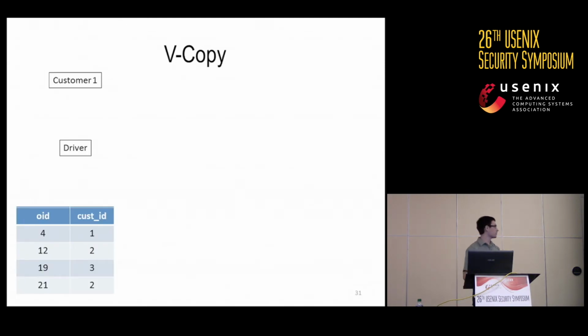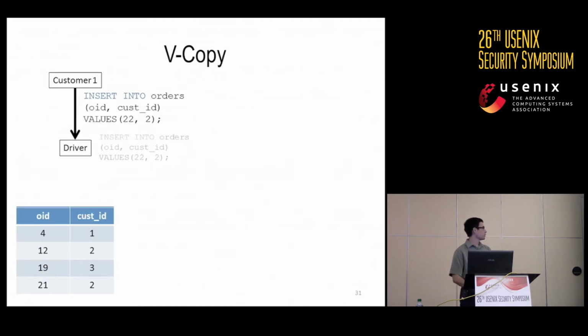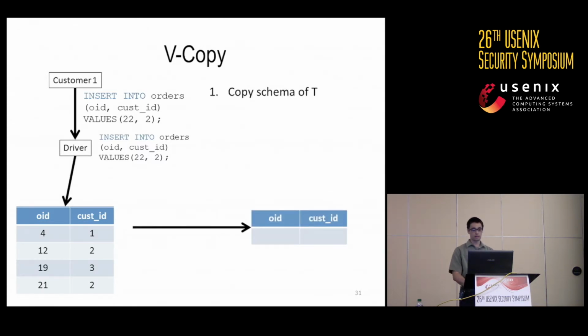So for example, suppose we have a customer with customer ID 1, and they want to issue this insert query. Now this insert query obviously is not safe because that second value 2 does not match their customer ID. So first the driver is going to intercept it, and it's going to copy the schema of the table that's being updated here. In this case, we only need to copy the schema because the insert query doesn't actually rely on any of the underlying information.